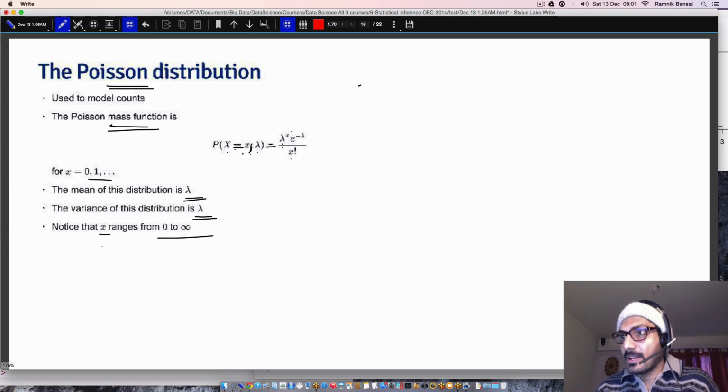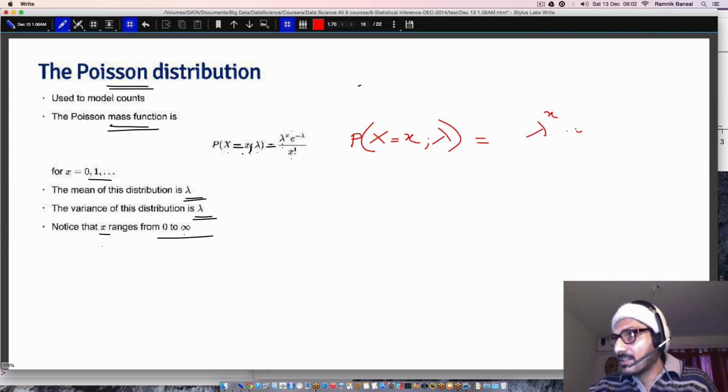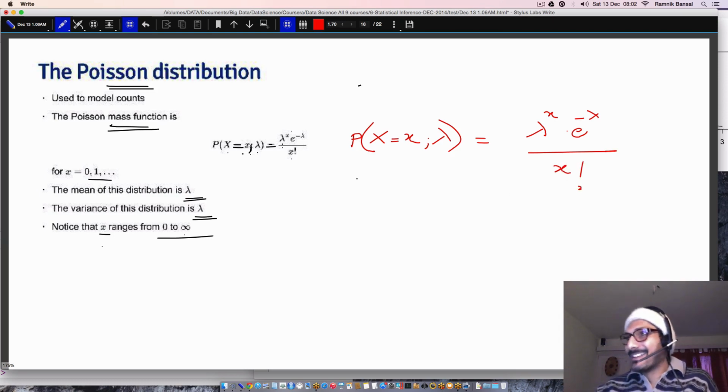It gives me the individual probability. My formula is the probability that X is equal to x, with a particular lambda, is equal to lambda raised to x into e raised to minus lambda divided by x factorial.